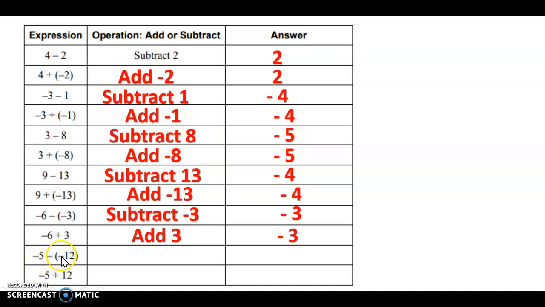So -5 take away 12 negatives. This one you'd have to add some 0 pairs. Then take away the 12 negatives, and you end up with a +7. Or addition, -5 plus 12. Different signs, subtract. We get 7, and there's more positives.